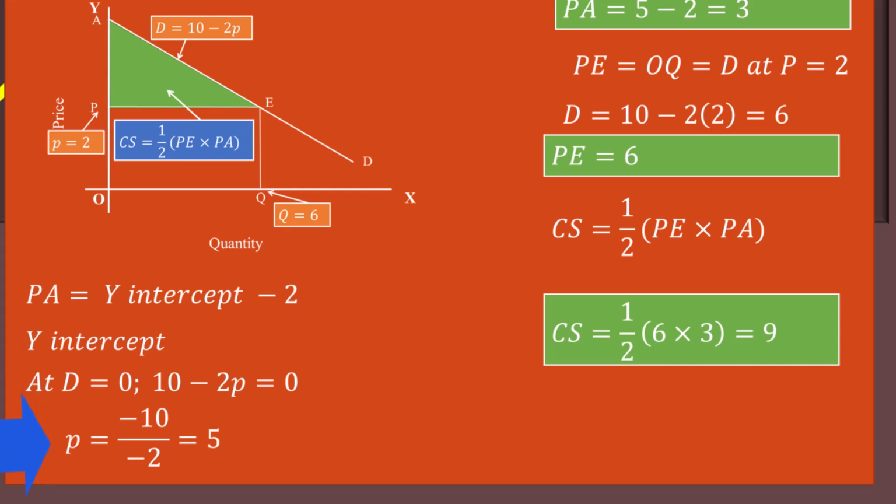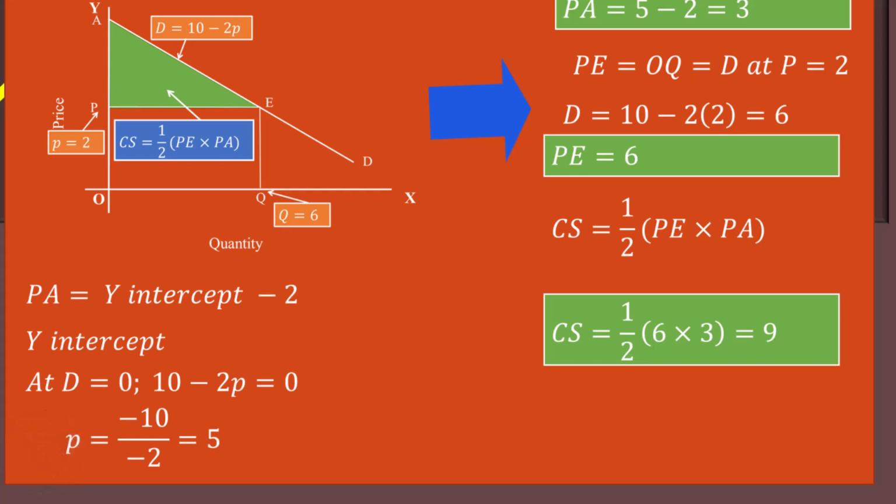The value of A is 5. 5 minus 2, that is the value of PA, the height of the triangle. Okay. Now we know the quantity, it is 6. How? We substitute the value of price in the given demand function. We get 6. This 6 is the distance OQ. It is the same as PE. So we know the value of the base, 6.